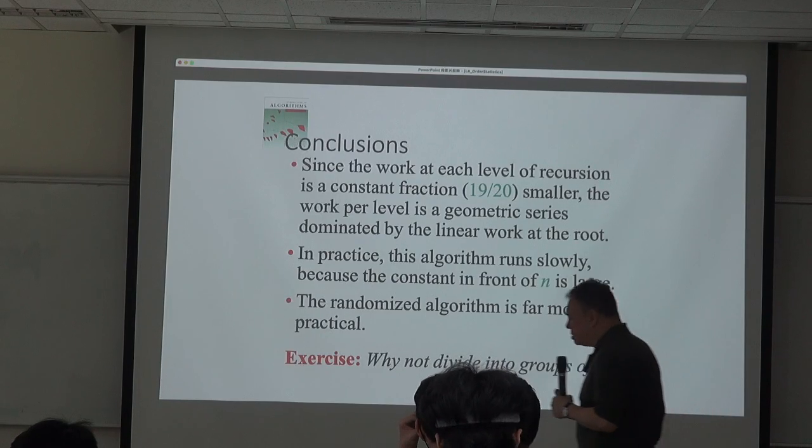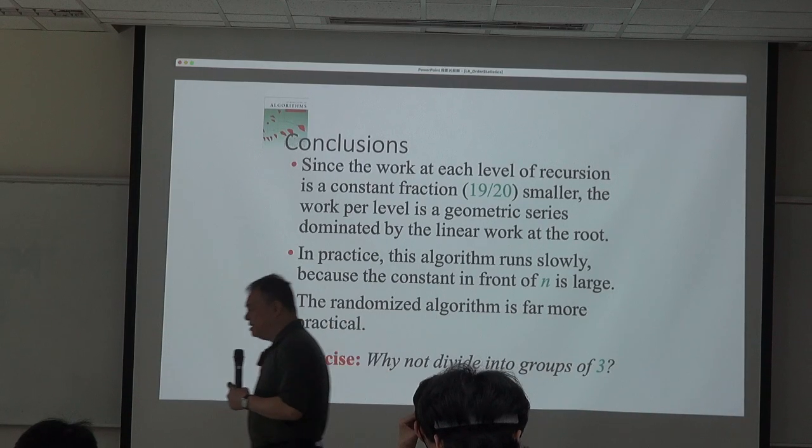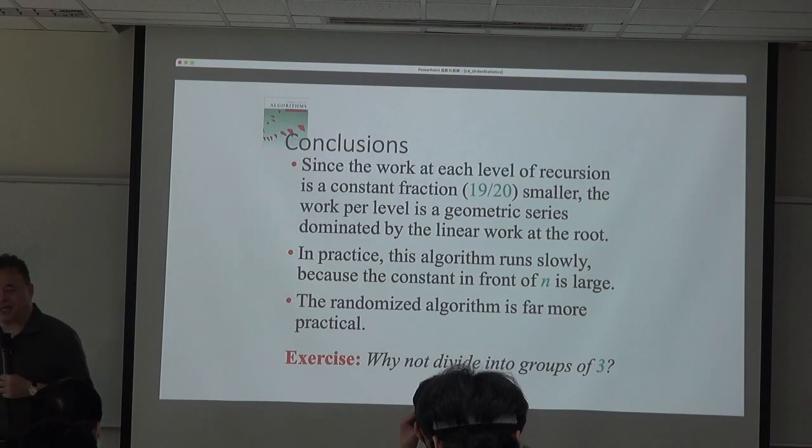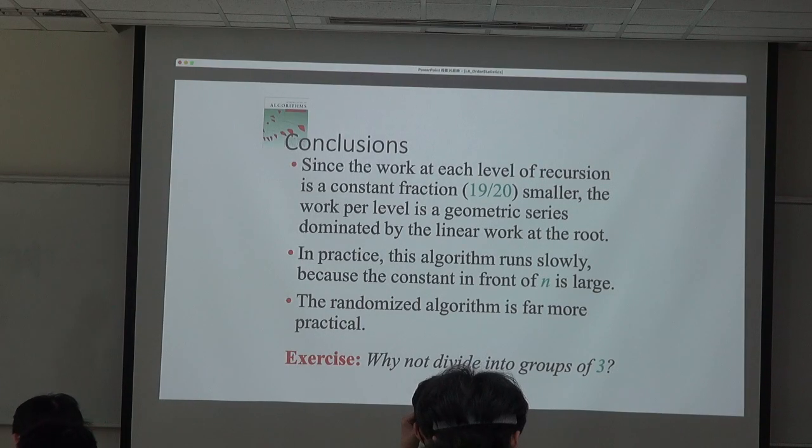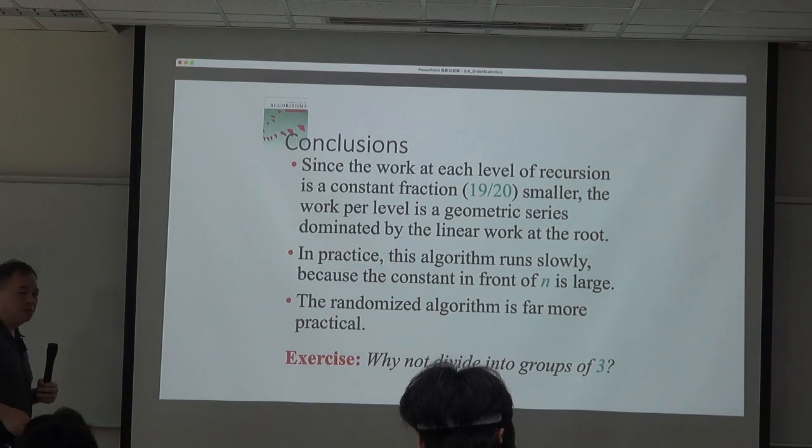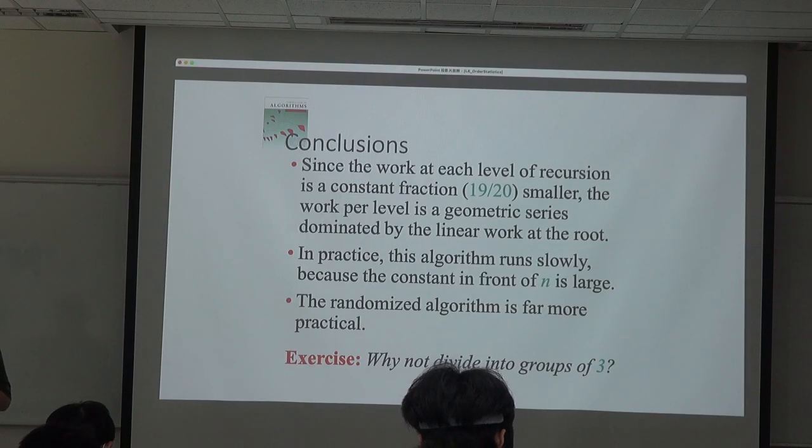You need a group of 5. That's quite an interesting fact. So this group of 5 is not a random number to come up with by those people who invented this algorithm. So this is an interesting piece of work for you to think about.